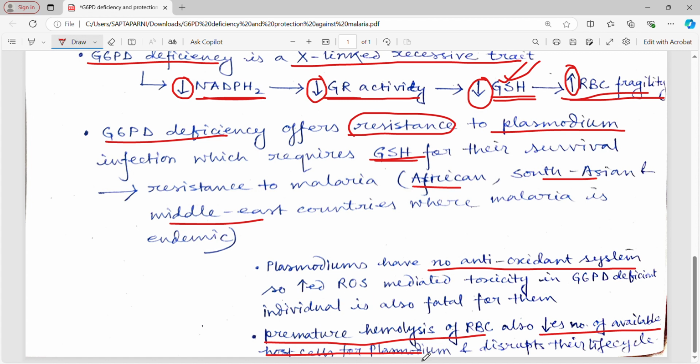Okay, so as a result, the life cycle of plasmodium gets disrupted and the people living in those malaria prone areas get saved from getting malaria. Okay, and that is how G6PD deficiency protects those people living in the malaria prone areas of Africa, South Asia and the Middle East from getting malaria.